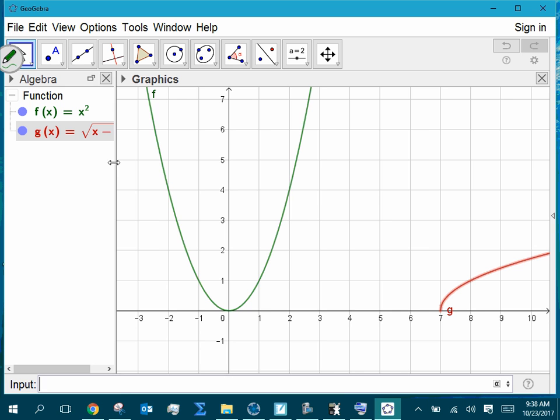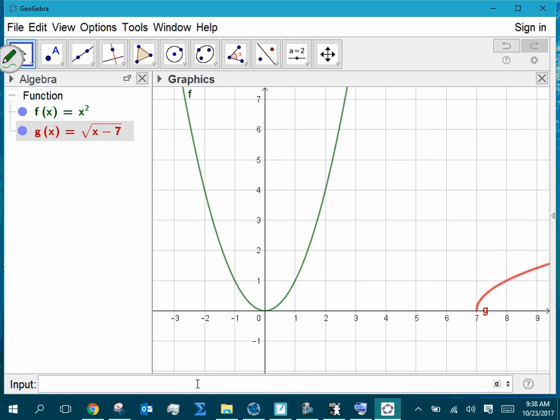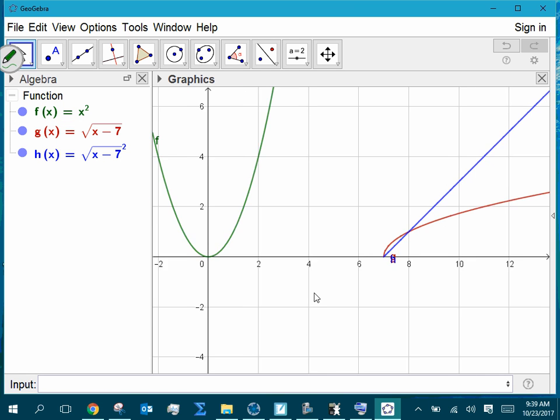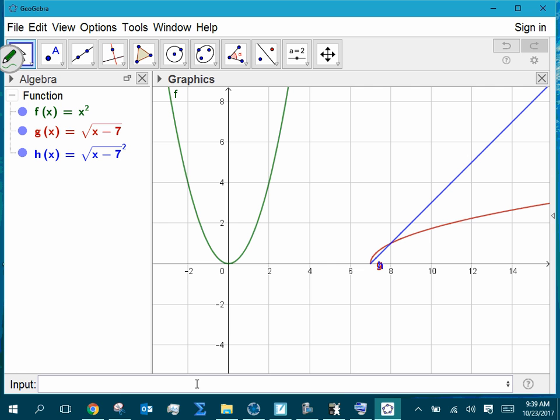Okay. There is a difference when I compose them, f of g of x. Okay. And we just get that blue line instead of x minus 7, which was that line. Does that kind of make sense?